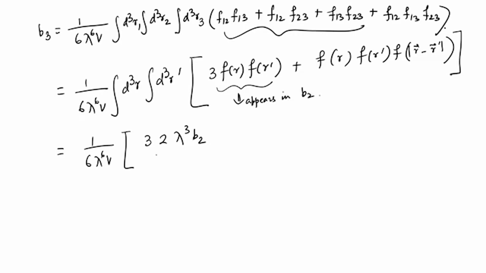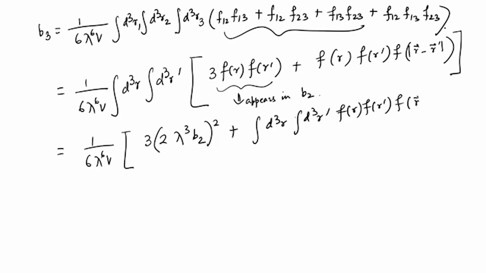So, this is 3 into 2 lambda cube B2 square, and now we have a d cube R, d cube R prime. This we cannot do anything about, we have to just leave the last term as it is, f of R minus R prime.